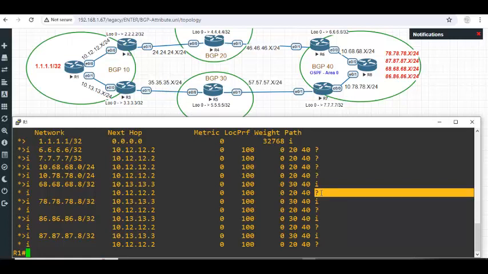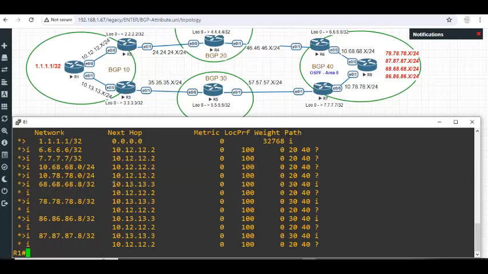And it is coming via router 4, which is in autonomous system 20. From router 4, it enters router 2. In router 2, you have said next hop self. So you are learning this network from both router 2 and router 3.